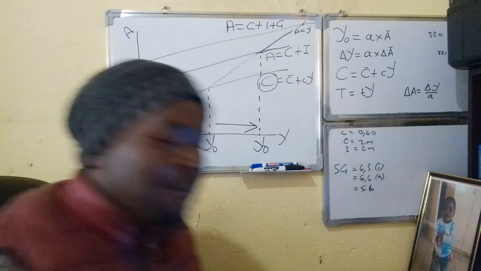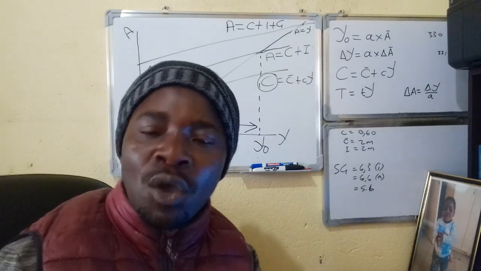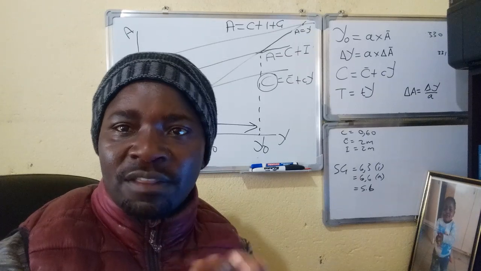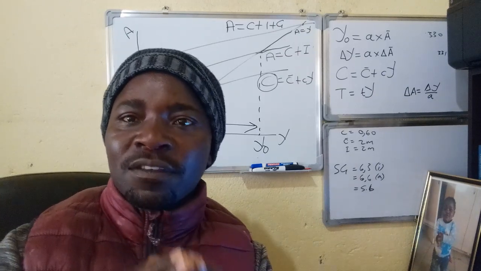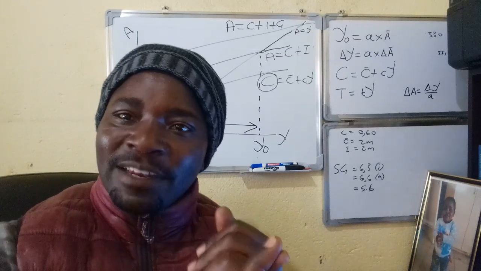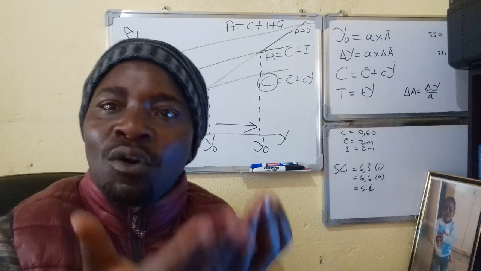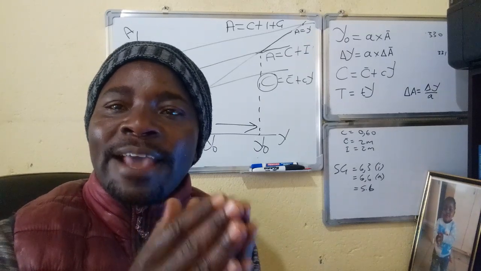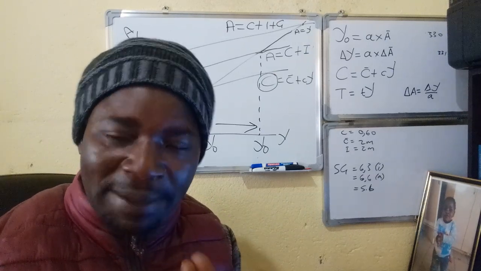Now this makes sense when you think about the fiscal policy of the government. When the government wants to boost the economy, it uses fiscal policy. And fiscal policy uses two main instruments: government expenditure and taxation. So if the government wants to push the economy upwards, it's called an expansionary fiscal policy, it can either increase government expenditure.